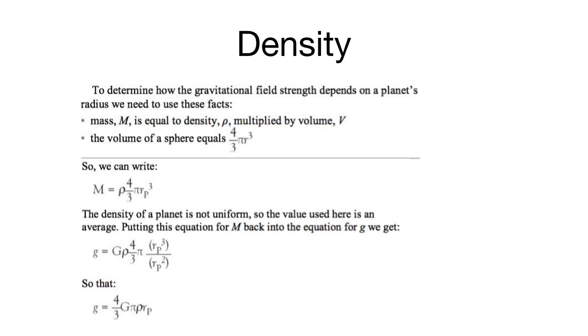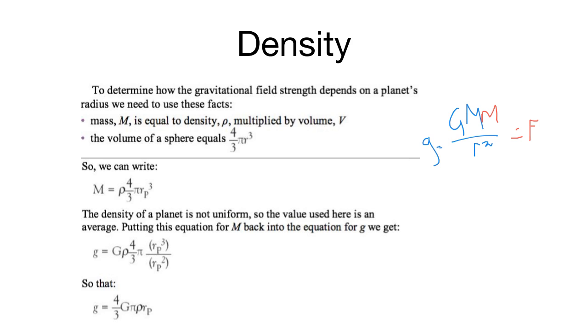So now to finish off, I'm just going to give you a short explanation on this idea of density. When we're using the GM over R squared relationship for gravitational field strength, or GMm over R squared to look at the force that's acting, we can actually use density values instead of mass values.